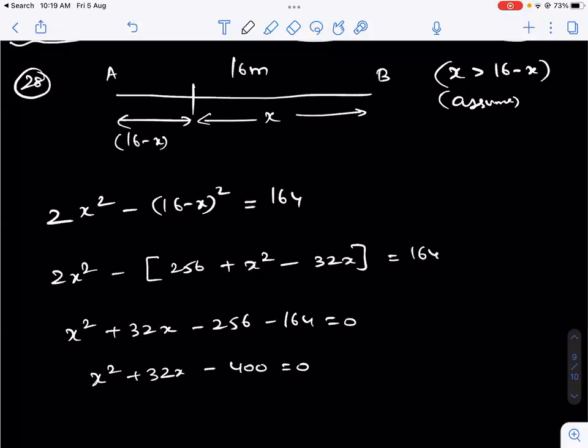Twice the square of the greater part, 2 times x square, minus square of the smaller part is 164. Check the solution once.